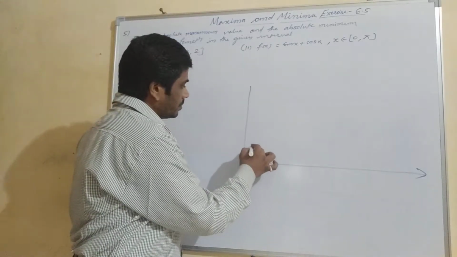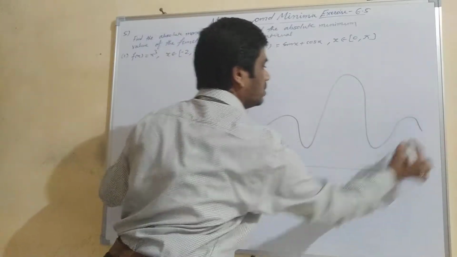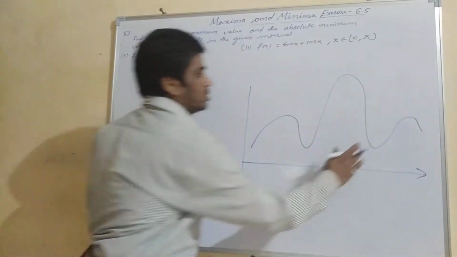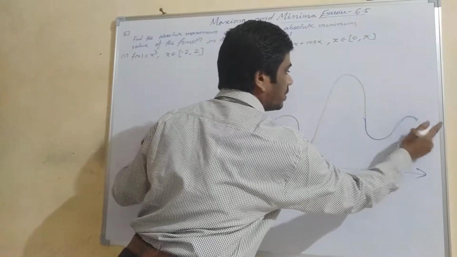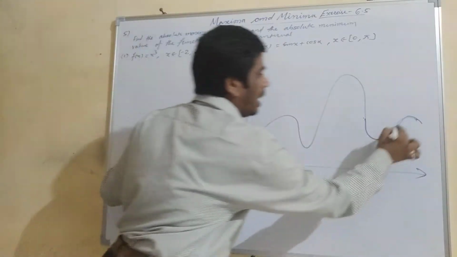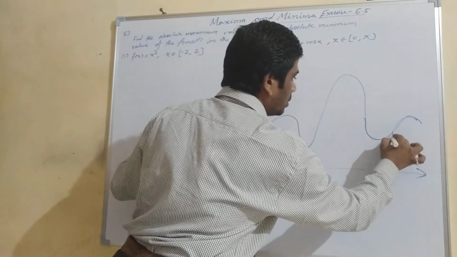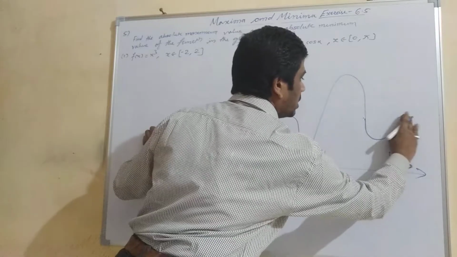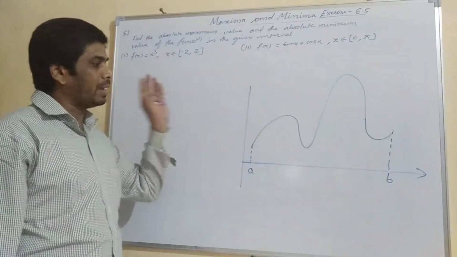If this is the graph of a given function, and we have to check in this interval a to b for absolute maxima and absolute minima.